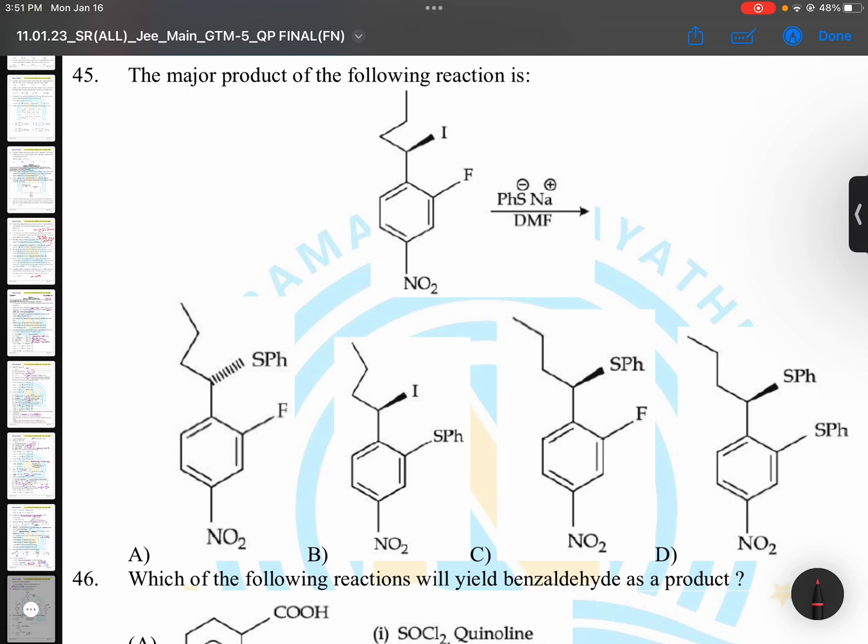I think this is a previous question. By seeing the question, I can say this F group, NO2 group are not affected. This iodine is, it is secondary alkyl halide, and here carbocation is going to be stable. So this part, this is a bulky group, so it will be coming here, this will be going out.